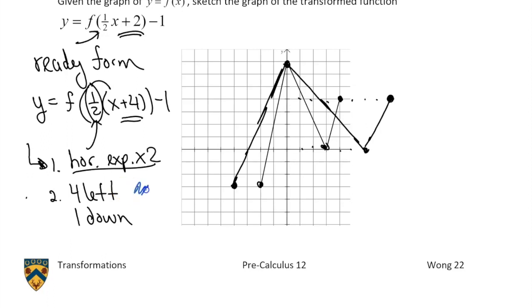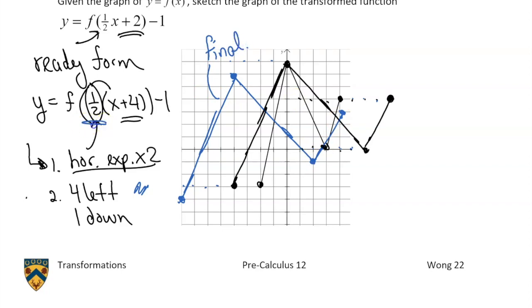And then let's see what we could do here by going 4 left and 1 down. Okay, and you're going to get a final graph that's going to look like that.